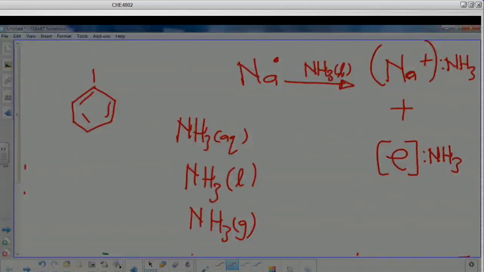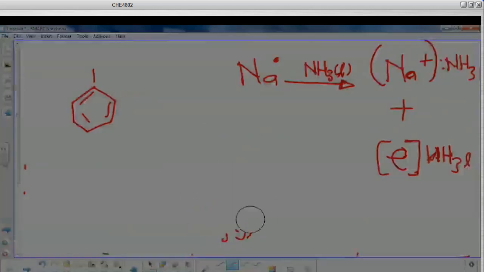They don't form a bond, but they interact with that force and stabilize it. And this ammonia now will solvate. We say liquid ammonia solvates this electron, and the reaction usually turns a nice blue color. So this is an electron.